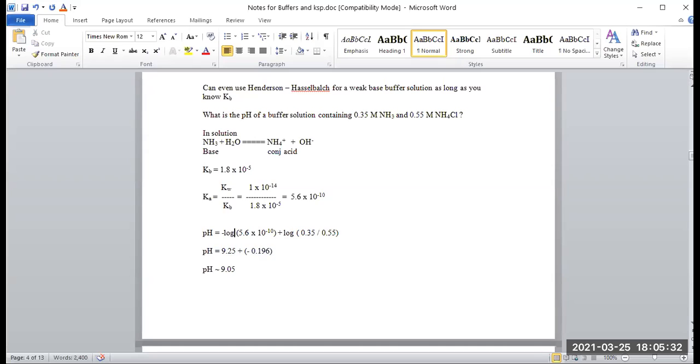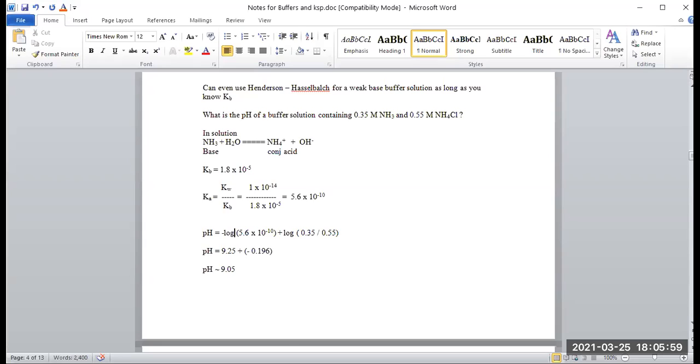This is a base and salt buffer. It has to be above 10. Actually, not 10, has to be above 7, because 7 is neutral. So if I have a base and a salt, that's going to give me a much higher pH than my acid and salt combination.